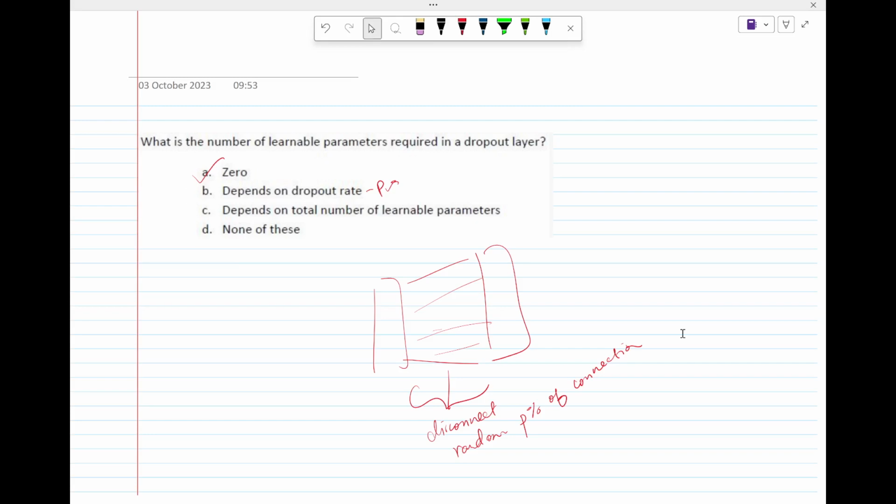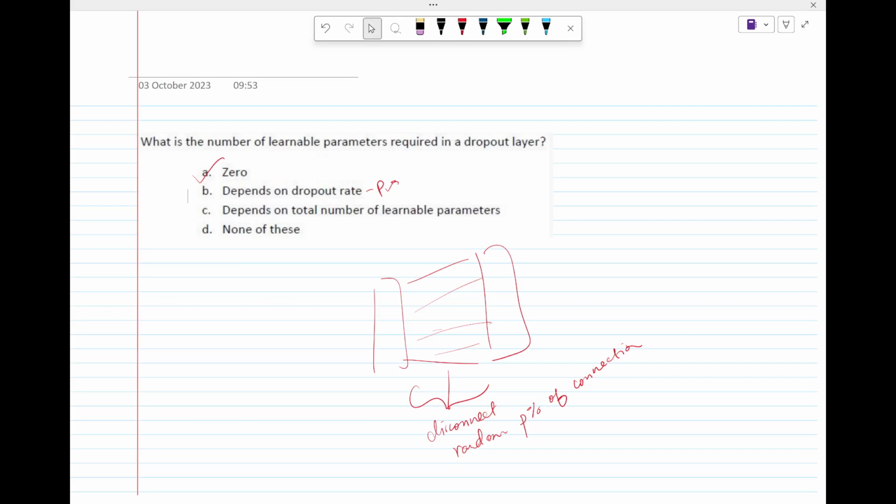So whenever we consider the number of learnable parameters, will it not depend on the dropout rate? Suppose there are 100 nodes in a particular layer, and say the dropout rate is 50%. So we will drop 50 nodes out of 100. The rest 50 will still be there. So the corresponding weights connected with the available 50 nodes, which are not dropped out, should be learned. So how would it be?